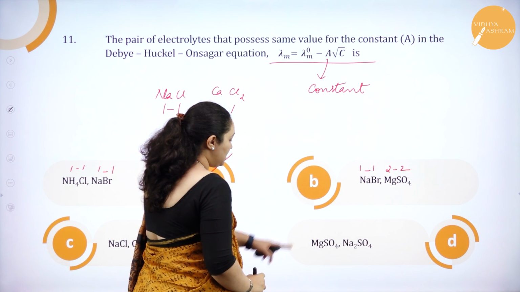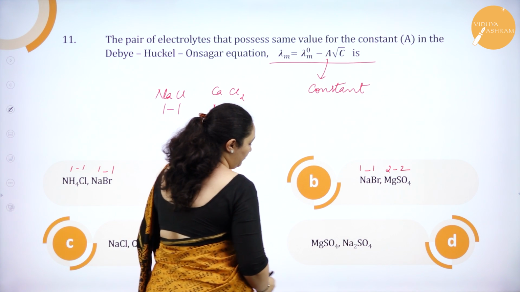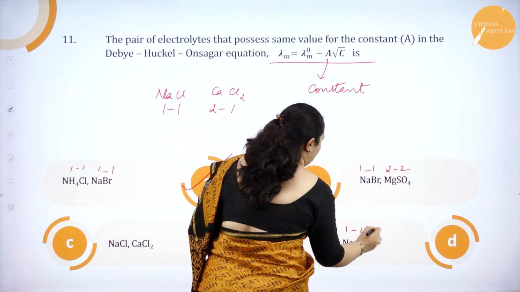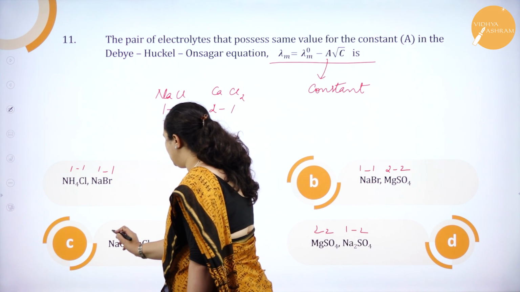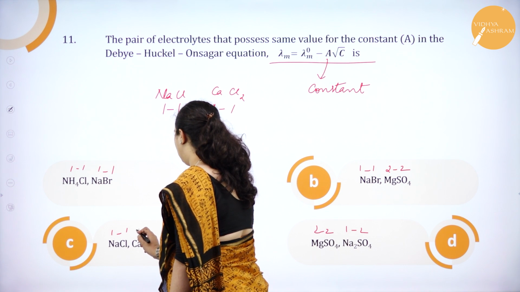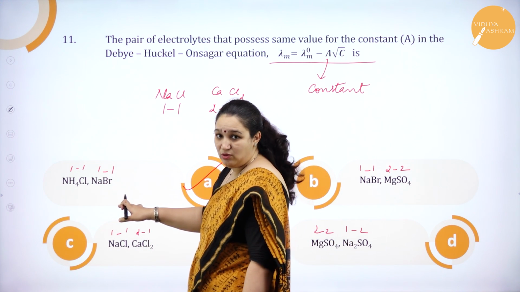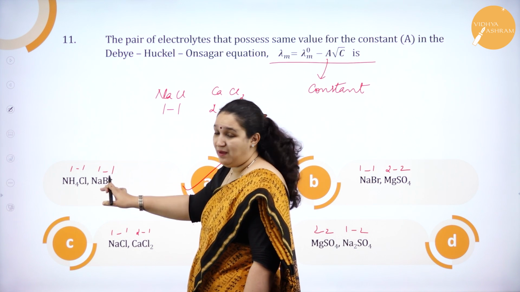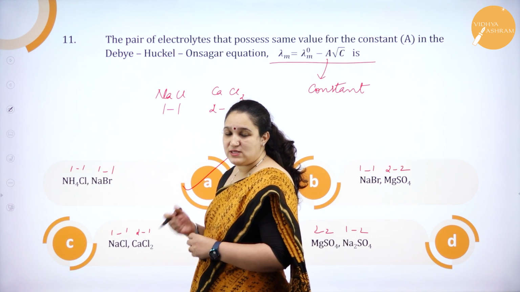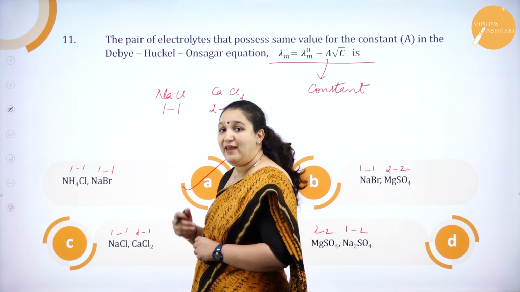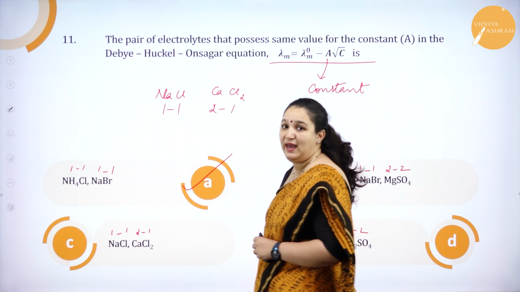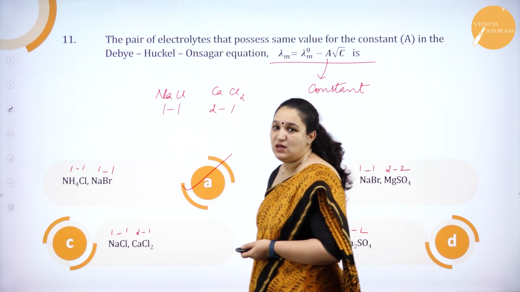Whereas here if you see magnesium sulfate, this one is 1 2 type, here it is 1 1 type and 2 1 type. So if both the electrolytes have the same charge on cations and anions, then the A value will be a constant. So A is the correct answer for this question.